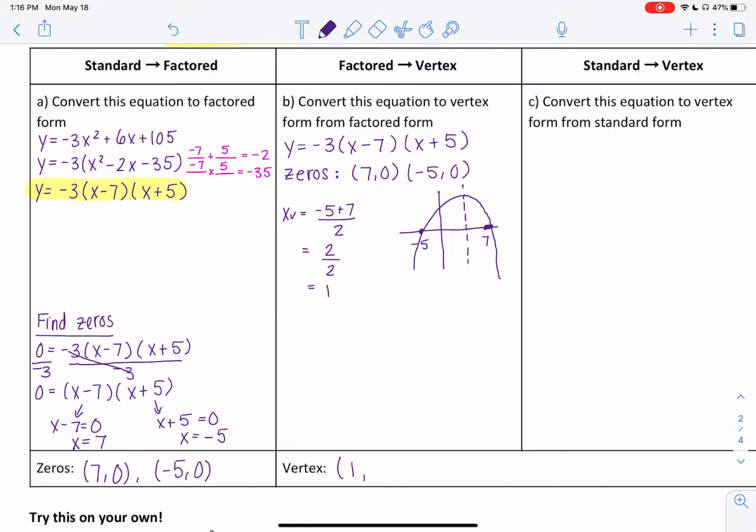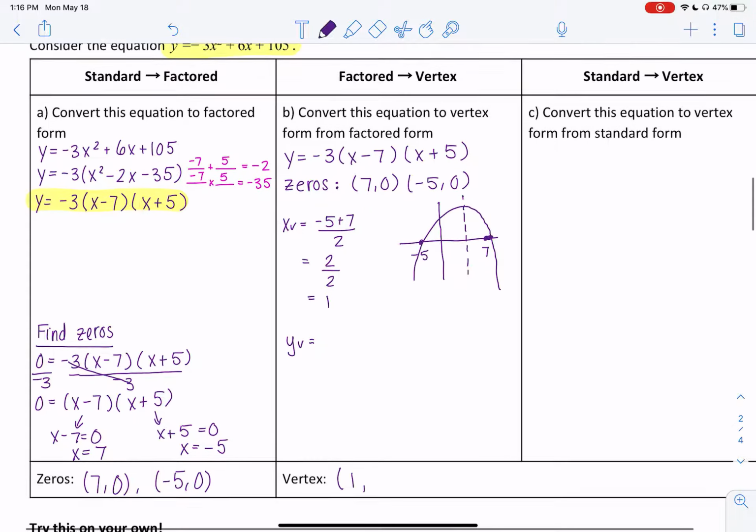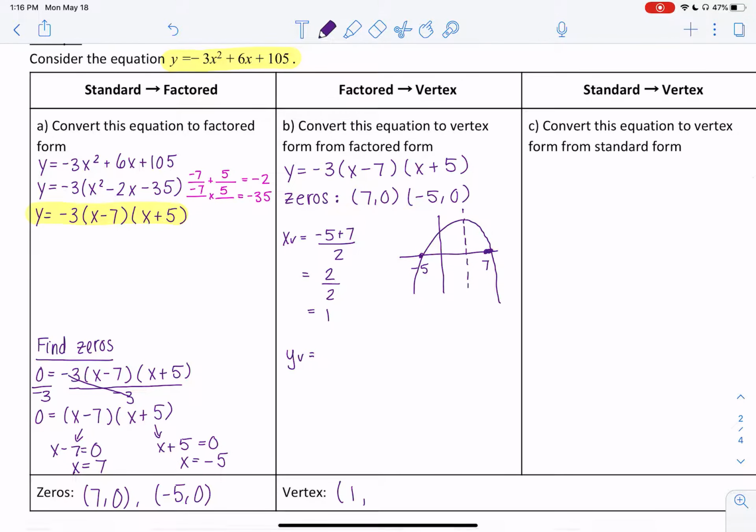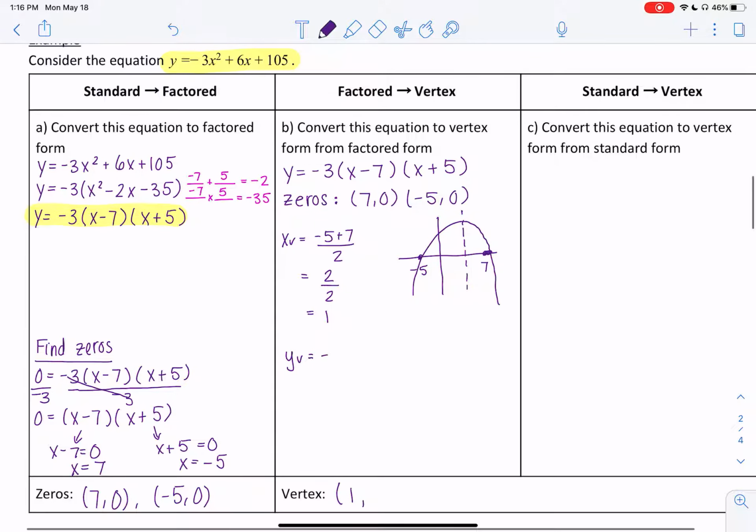So we need to find our matching y. And to do that, we just sub that x value into our equation. And it does not matter if you want to use the standard form equation or the factored. They represent the exact same relation, so it doesn't matter which one you plug it into. I'm going to plug it into the factored one because I find that it's a little quicker.